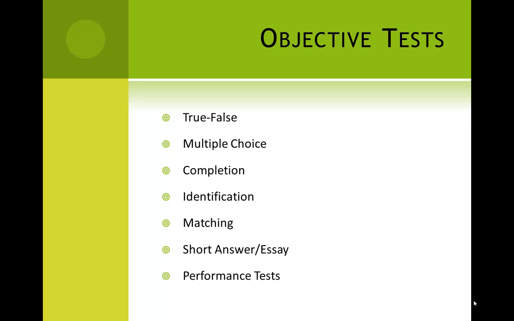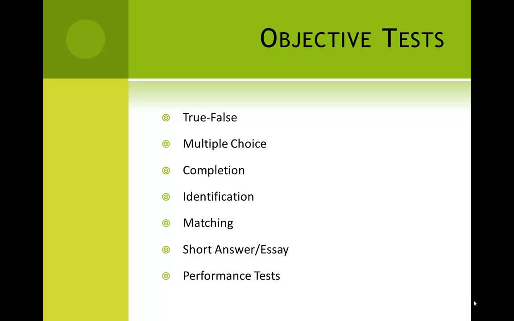Identification is pretty much where you identify the correct answer from a list and plug it in. I guess that's the difference between completion, where you may not give them the answer and they have to remember it, and identification, where they may have a sheet of words and then the question with the blank in it, and they just have to identify which word goes in the blank.